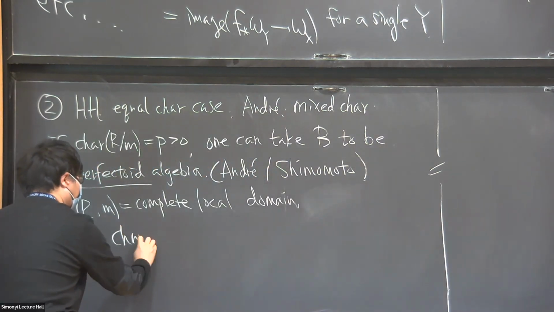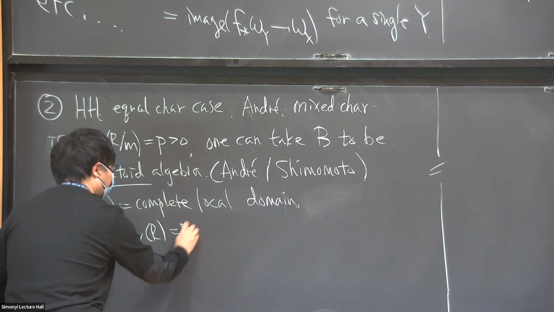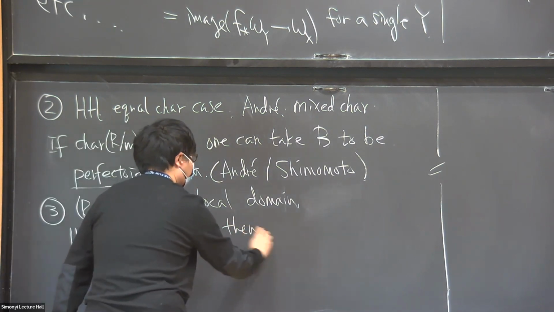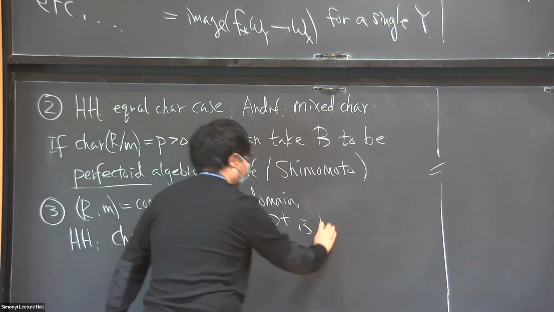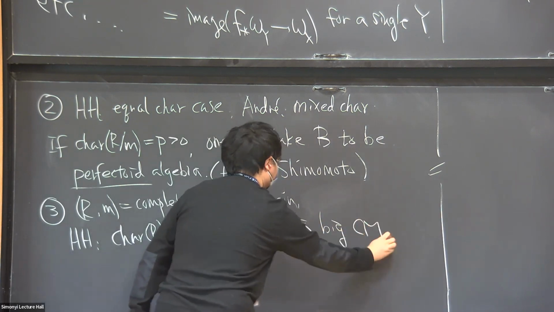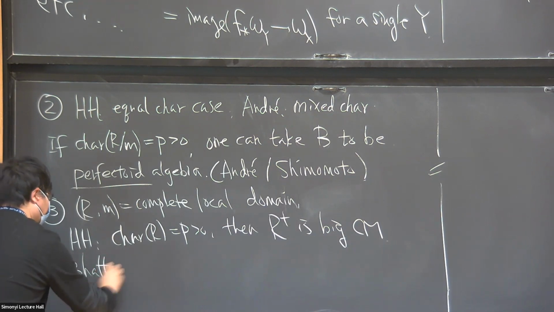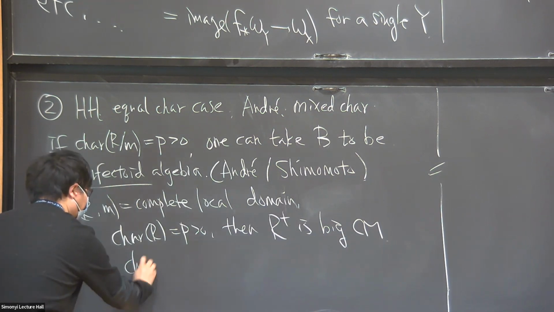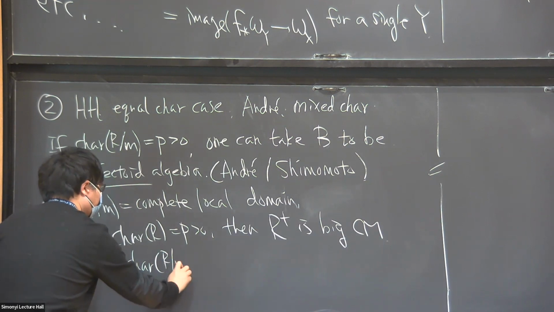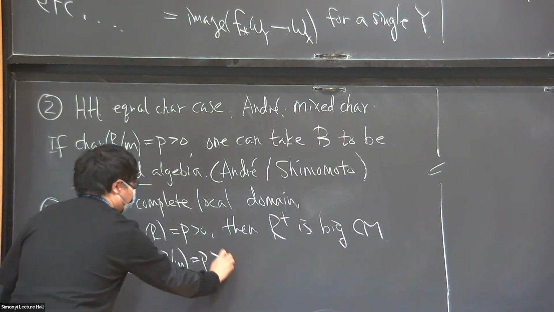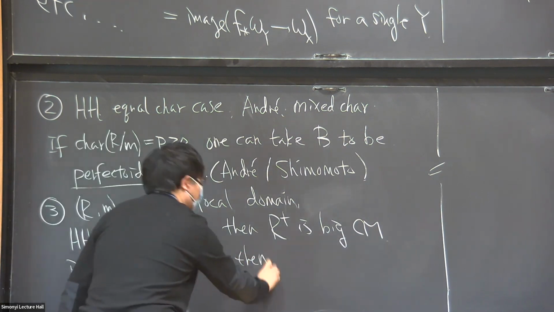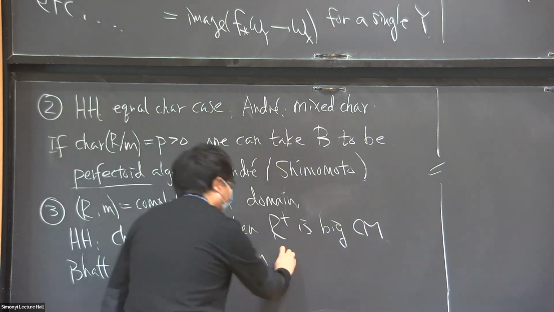if the characteristic of R is p, and Bhargav shows that in the mixed characteristic case, all you need to do is to take the p-adic completion.